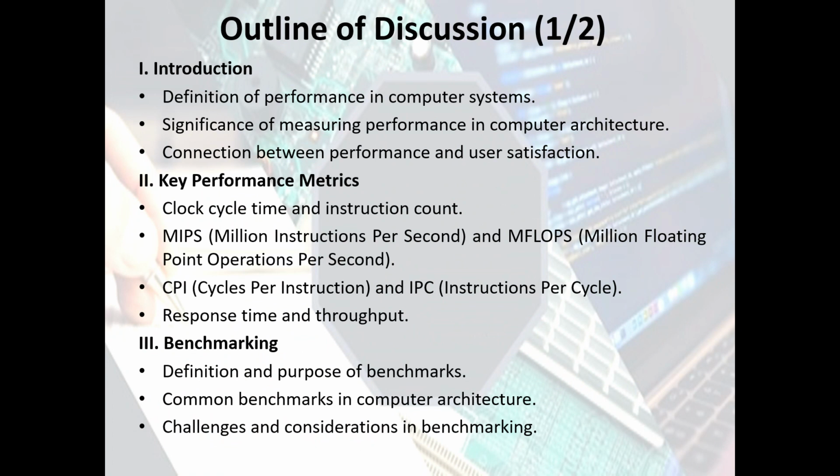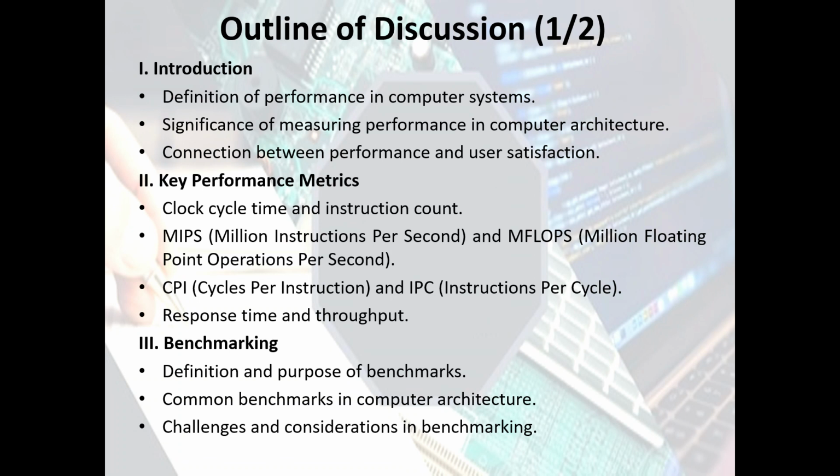There's the clock cycle time, the number of instructions, the MIPS or million instructions per second, and also the MFLOPS, which is the million floating point operations per second, the CPI, cycles per instruction, and IPC, which is for instructions per cycle, along with response time and throughput.